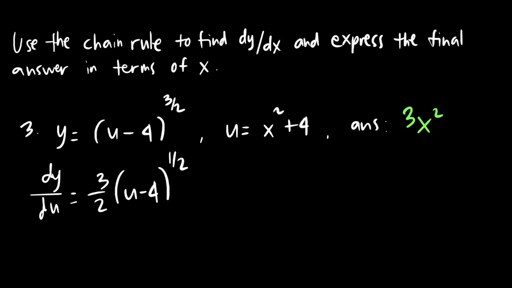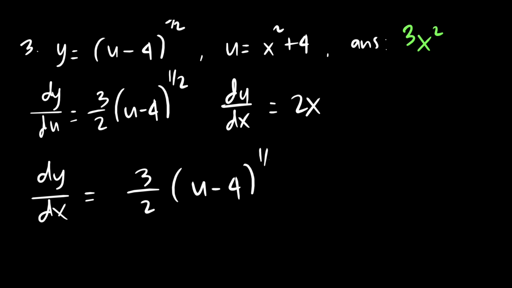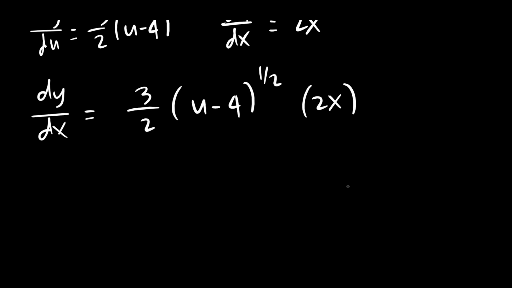For du over dx, the derivative is 2x. So we'll combine. dy over dx is equal to 3 halves multiplied by u minus 4 raised to the power of 1 half, then multiply by 2x. So we'll cancel 2.